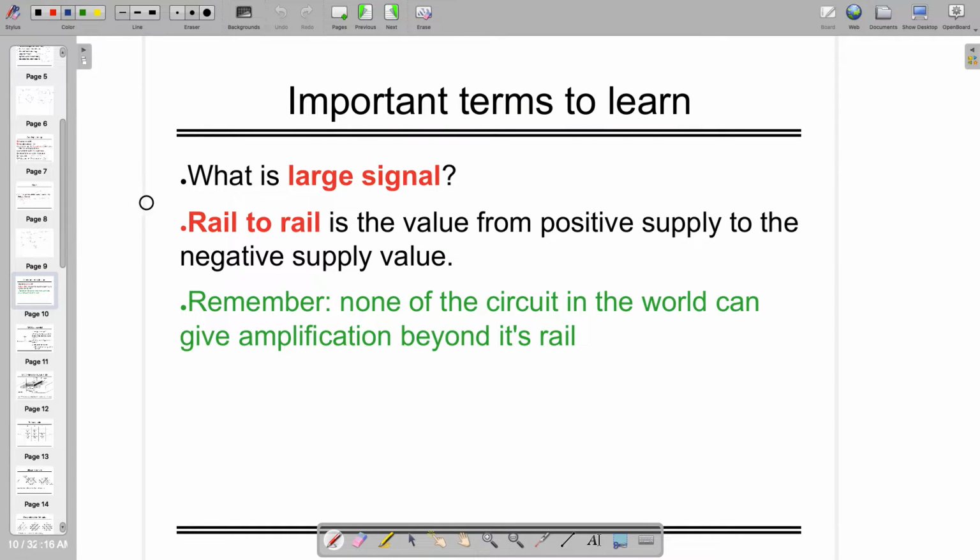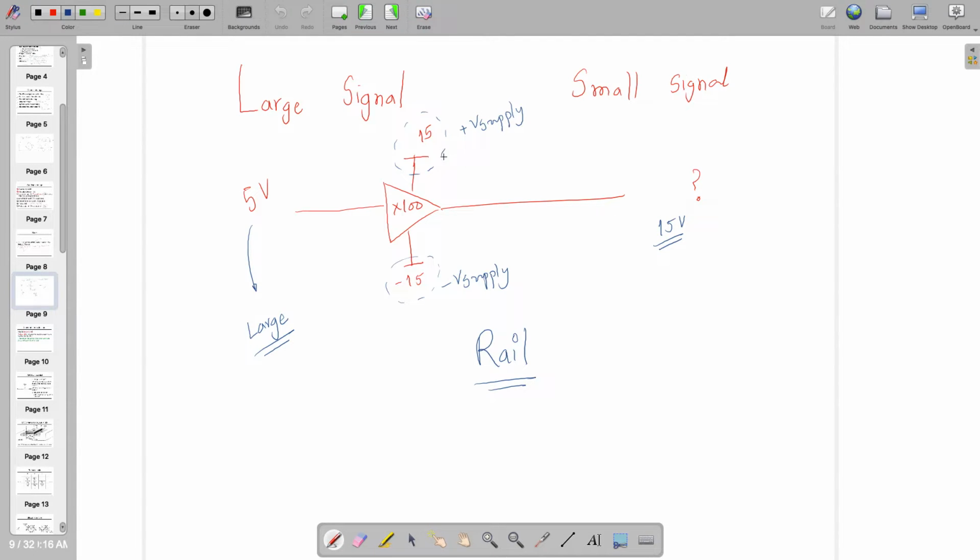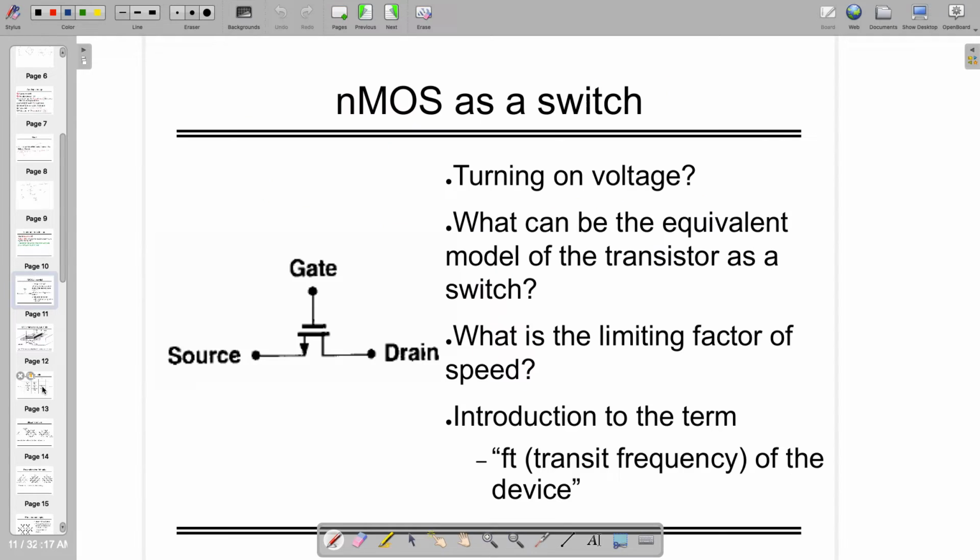When we say rail to rail, it means the value from the positive V supply to the negative V supply. Of course, the output cannot go beyond plus V supply and minus V supply. So this is what we have to remember.